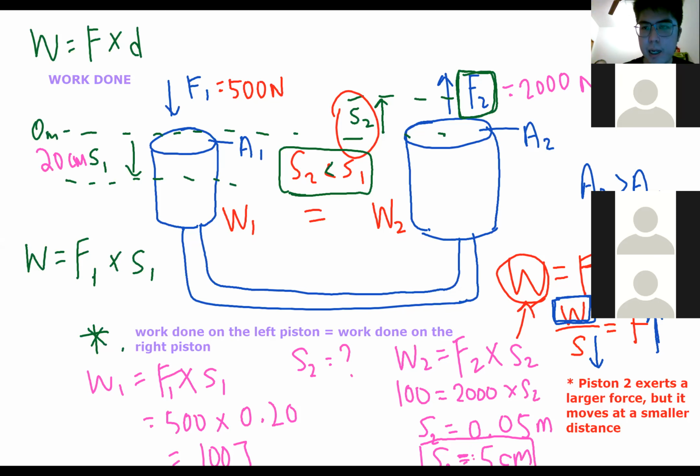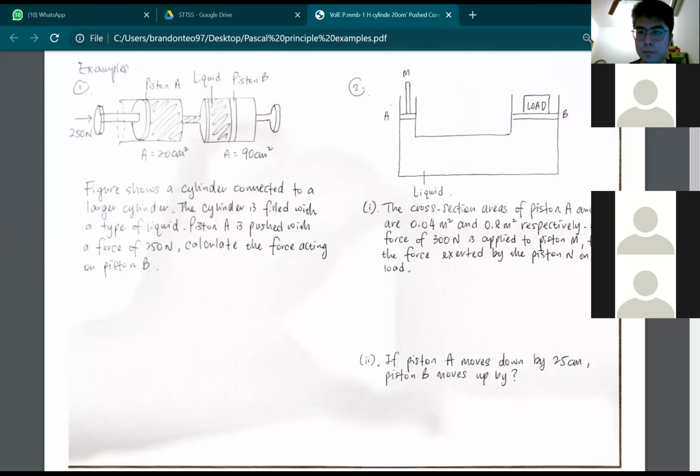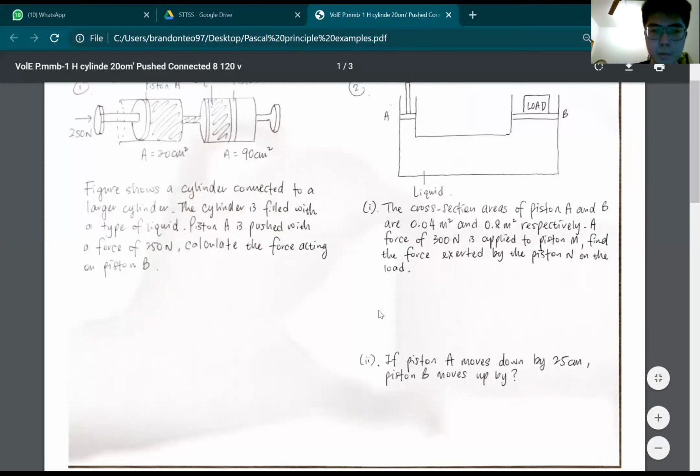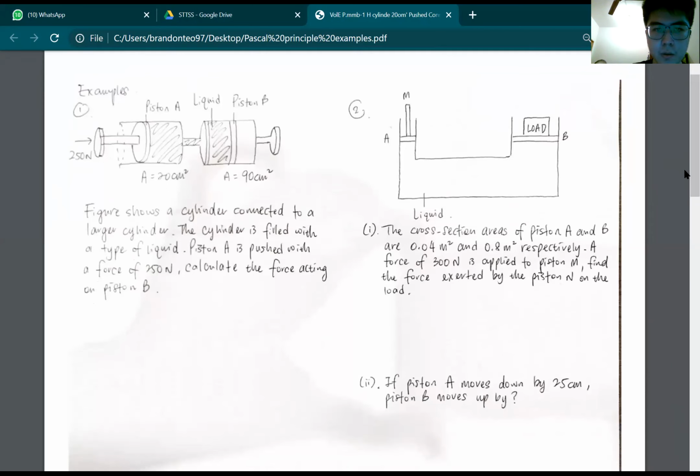Okay, we will look at a few example questions. Example 1. Here, look at this diagram, you have piston A and piston B. They have different areas, one is 20 cm square, one is 90 cm square.